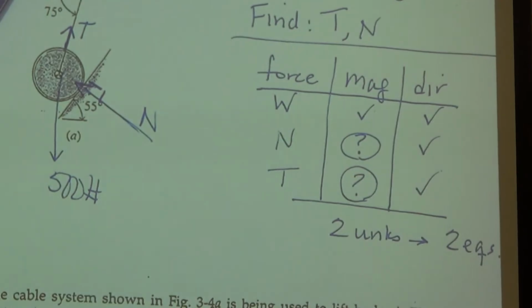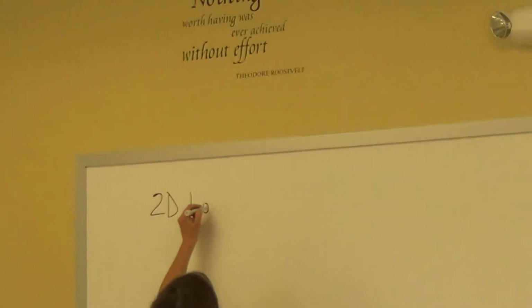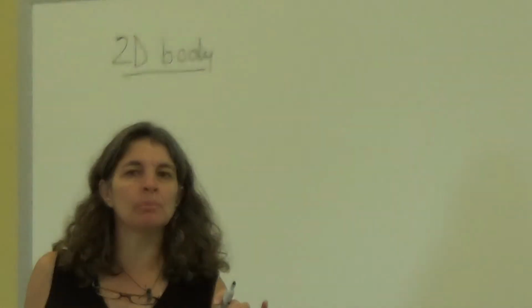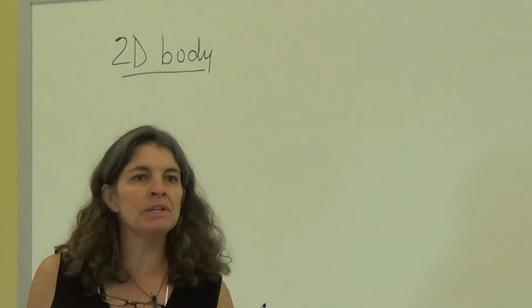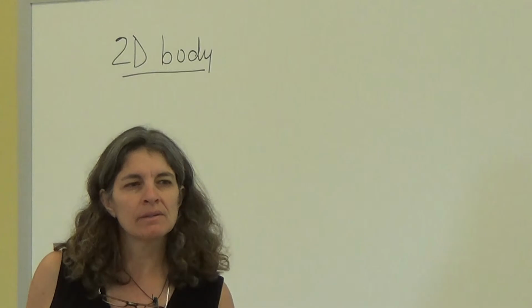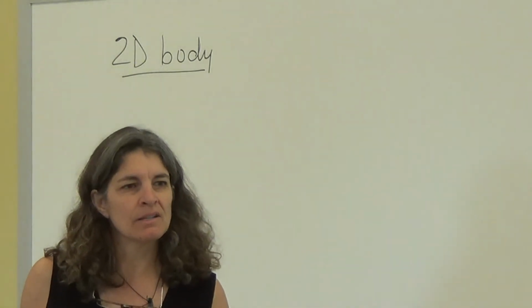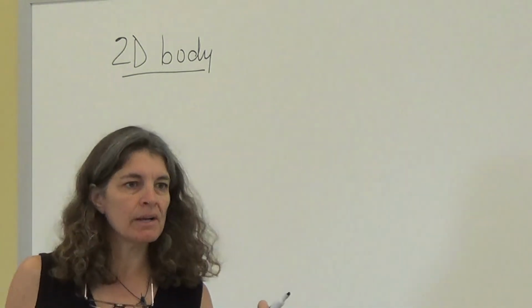So if I have a two-dimensional body, Nicholas, how many equations can I get from that body? And what are they? If I want to do static equilibrium equations in 2D, two equations, and tell me what they are.